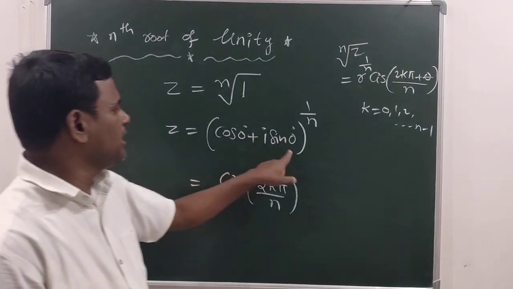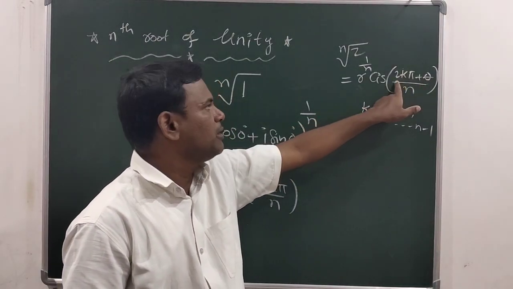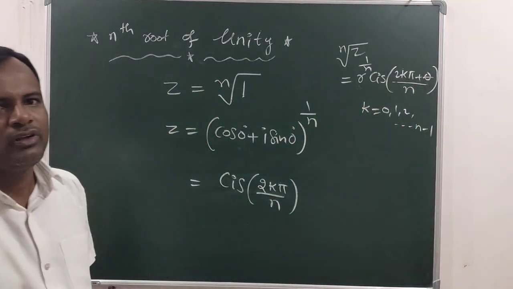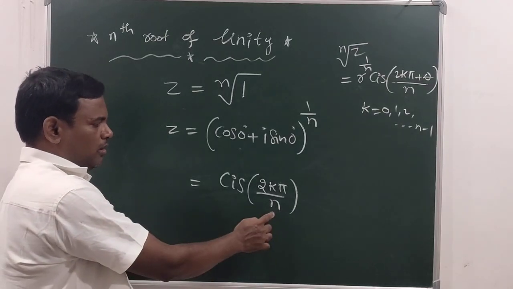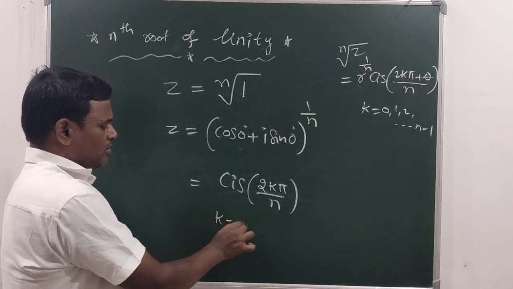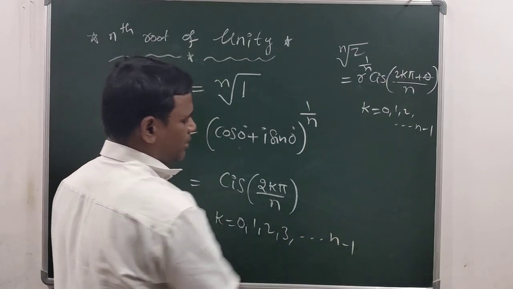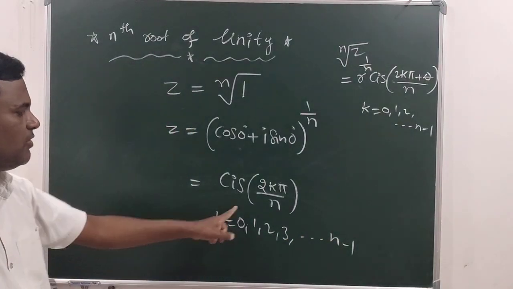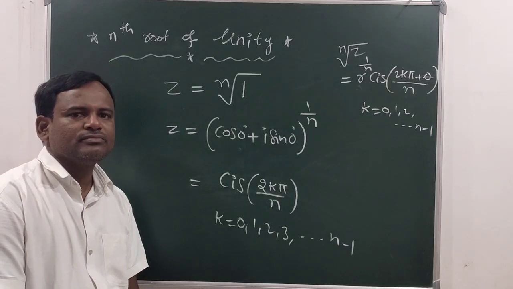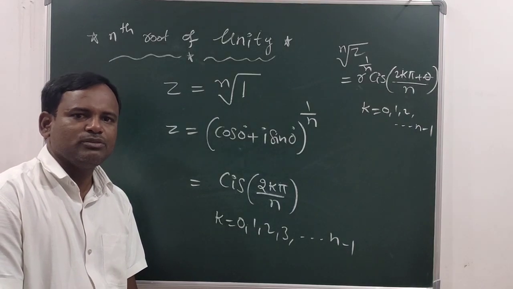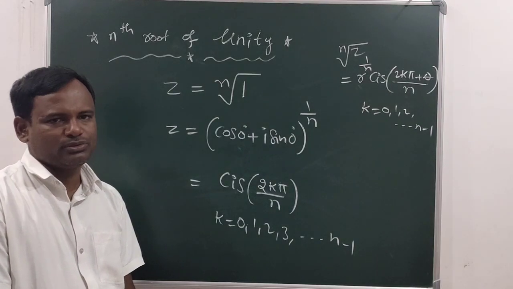Okay students, simply I kept in the place of theta 0, then it becomes 2k pi by n. So here values for k 0, 1, 2, 3 till n minus 1 you have to write. So this is the formula to find nth root of unity. Nth root of unity will get n roots.